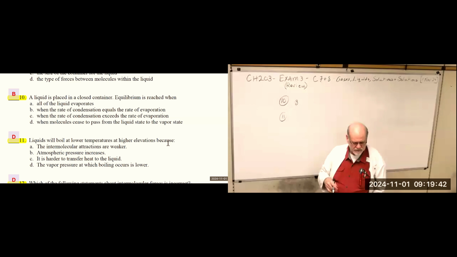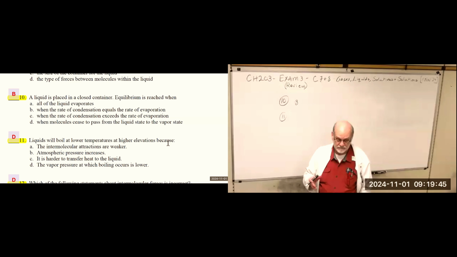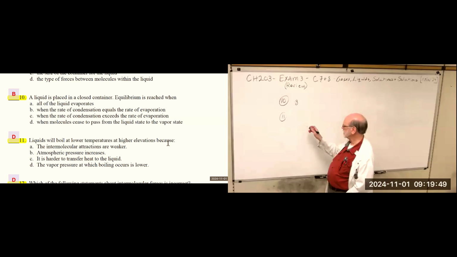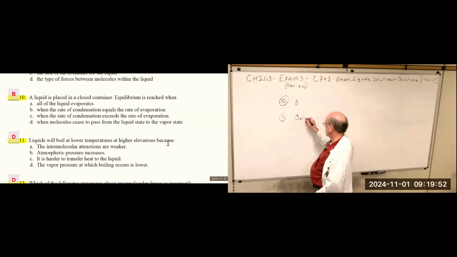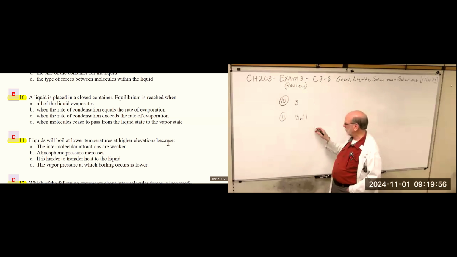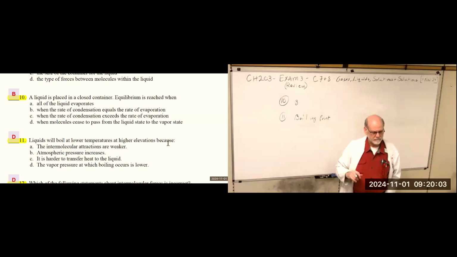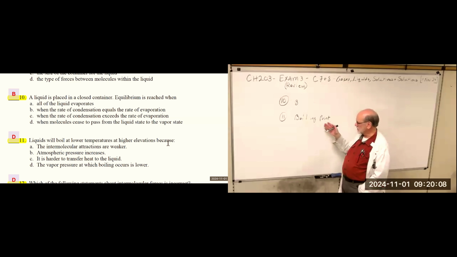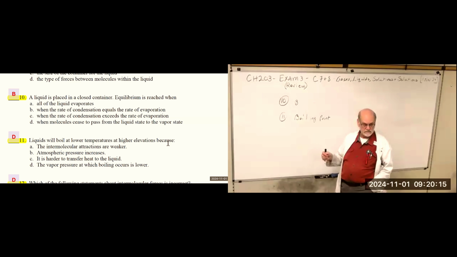Liquids will boil at lower temperatures at higher elevations because. What do we mean by boiling? When we say a liquid boils, or we measure the boiling point, what are we saying? We're saying that's the temperature that this liquid will produce vapor from its internal, right?